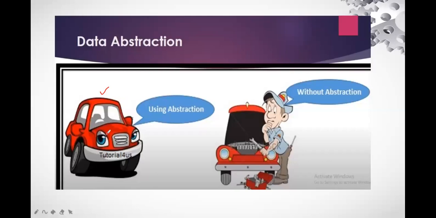Let's take one more example. When we talk about a programming example in Java, we have a syntax for printing, that is system.out.println, right? This is used for printing. Now for printing, I am just using this command. I am not concerned about what process it is following to give the print command.